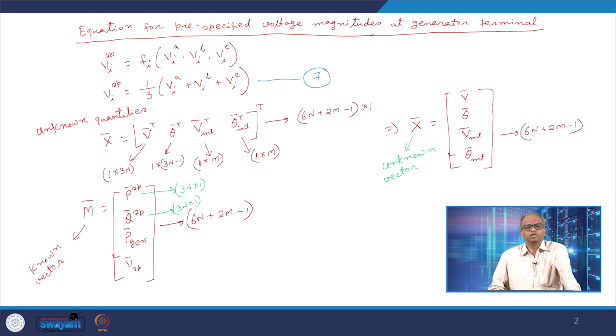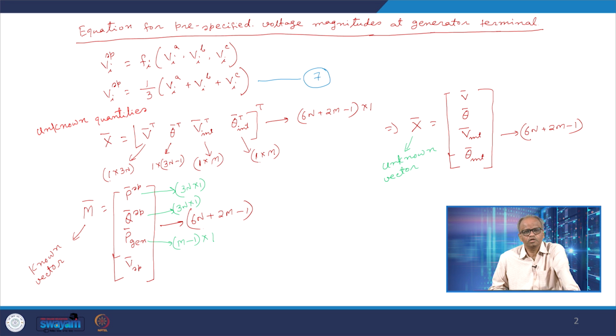P generation: apart from the slack generator, we would be able to specify the total generation for each of the remaining m minus 1 generators. So, its dimension would be m minus 1 cross 1. And V specified is nothing but the specified voltage magnitude which should be controlled by the excitation system at the terminal of each of these m generators.